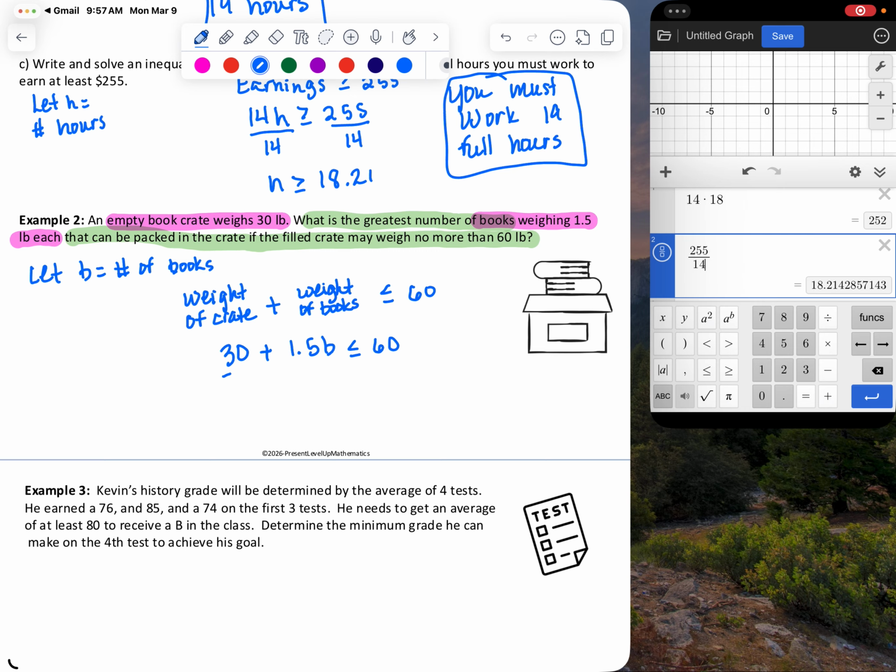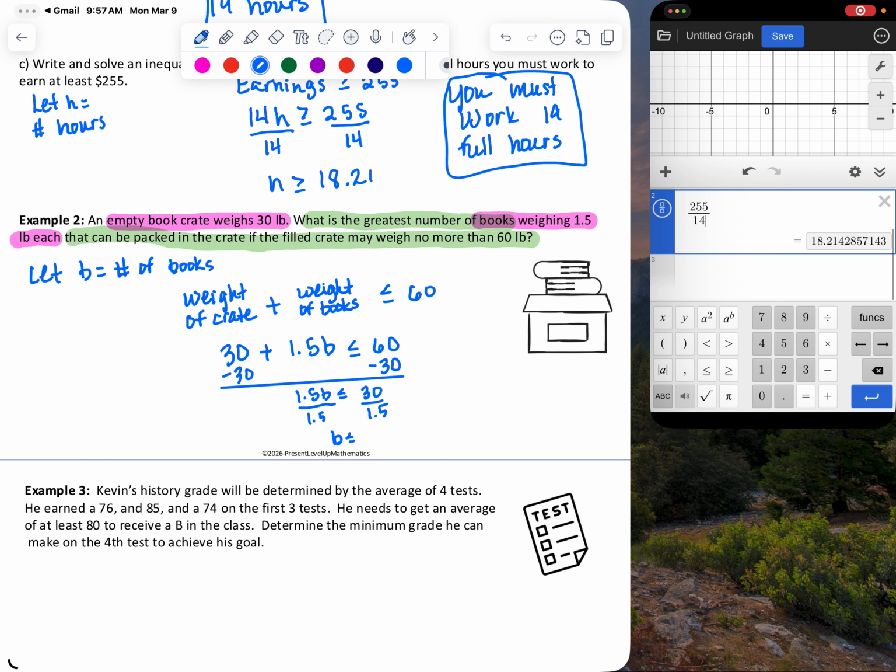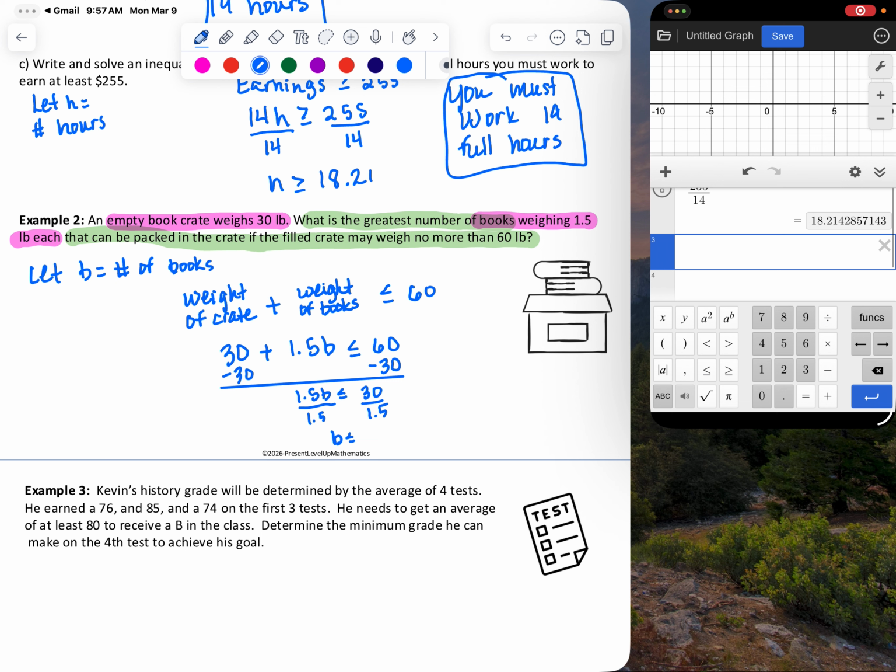All right, so we'll solve this inequality by subtracting 30 from each side to get 1.5b is less than or equal to 30, and then divide both sides by 1.5. So our number of books, let's see, 30 divided by 1.5, that would give me 20.